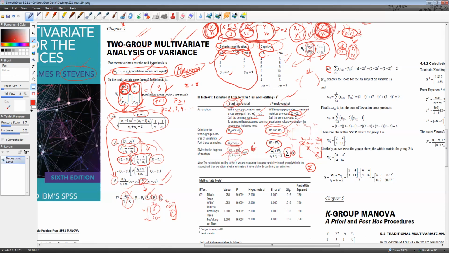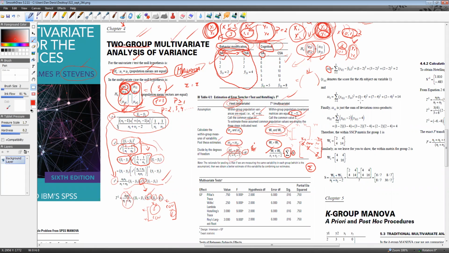So what have we done? We've computed the sums of squares for SA, variable 1, in group 1, right? We've computed the sums of squares for this particular situation right here.